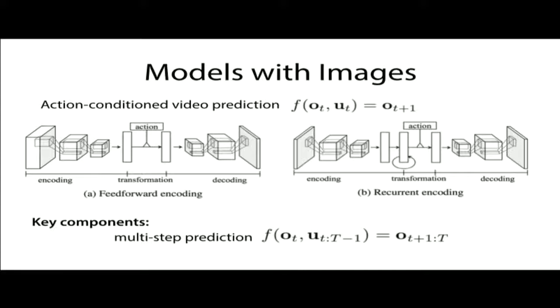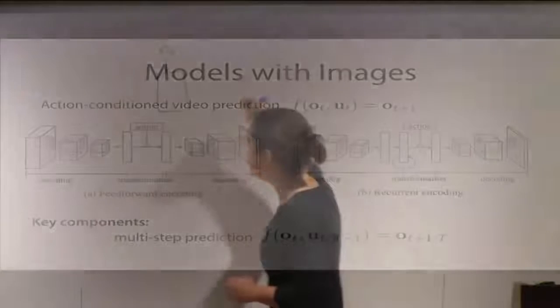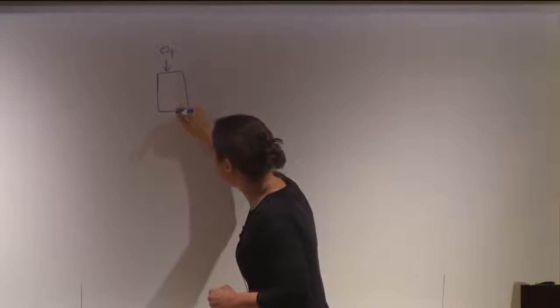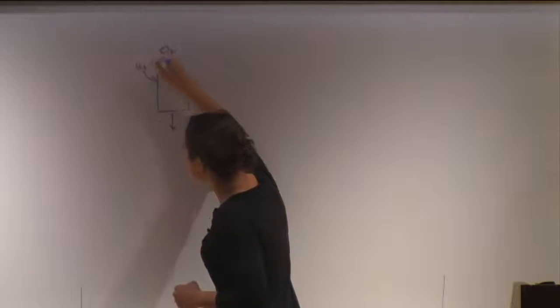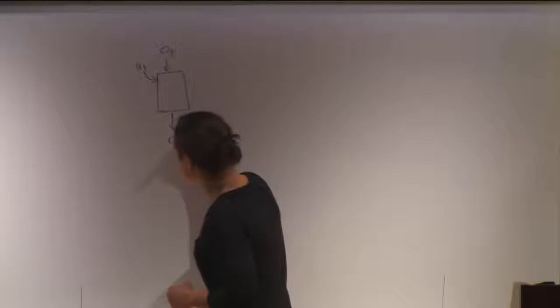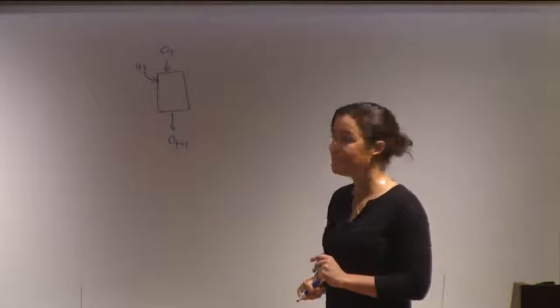What this looks like is, say you have some neural network, which I'll just draw as a box, and you're passing in your observation OT, and you're also passing in your action UT, and then this black box is going to predict OT plus 1.